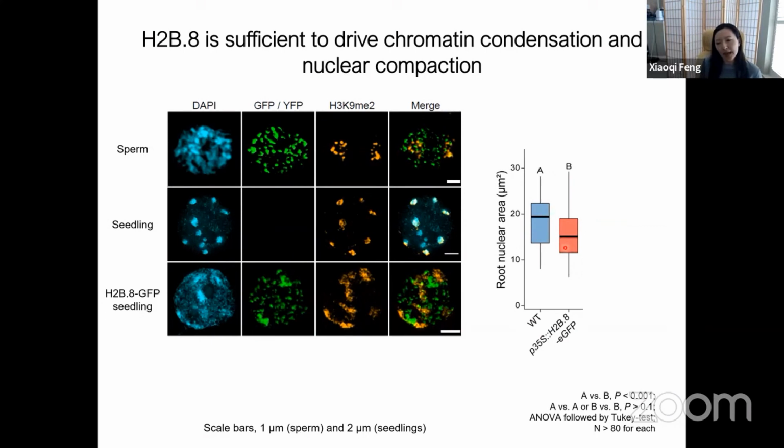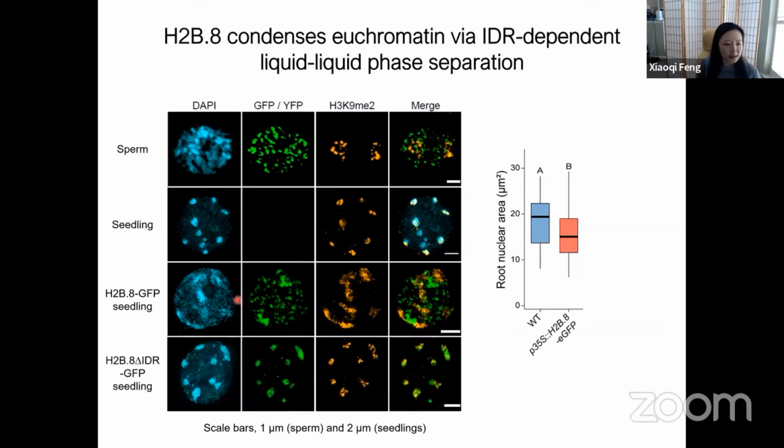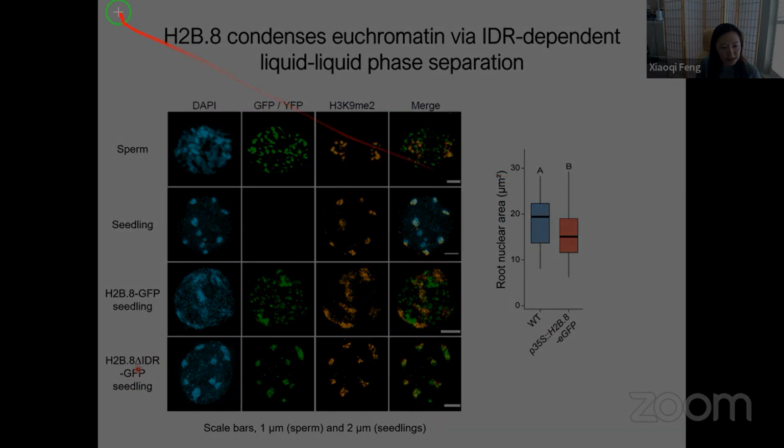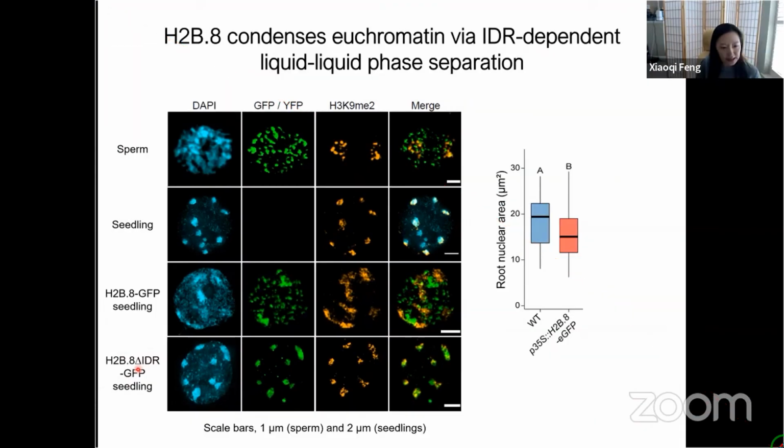So then to test whether the phase separation property of H2B.8 is important for the condensation, we ectopically expressed H2B.8 without the IDR. And unlike the full-length H2B.8, this failed to induce euchromatin foci or to induce euchromatin condensation.